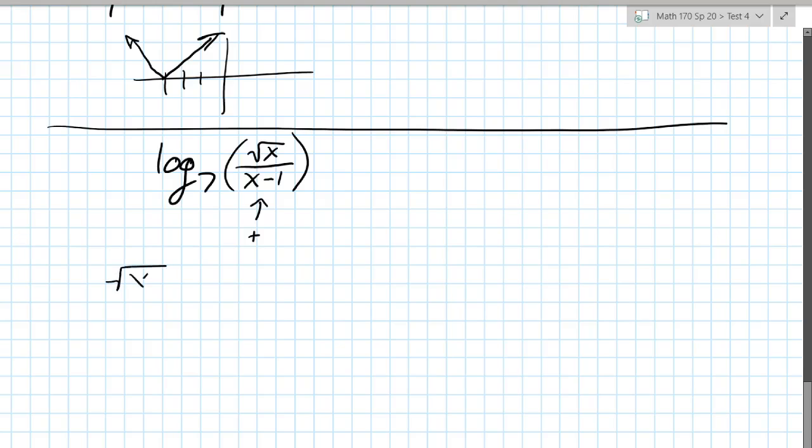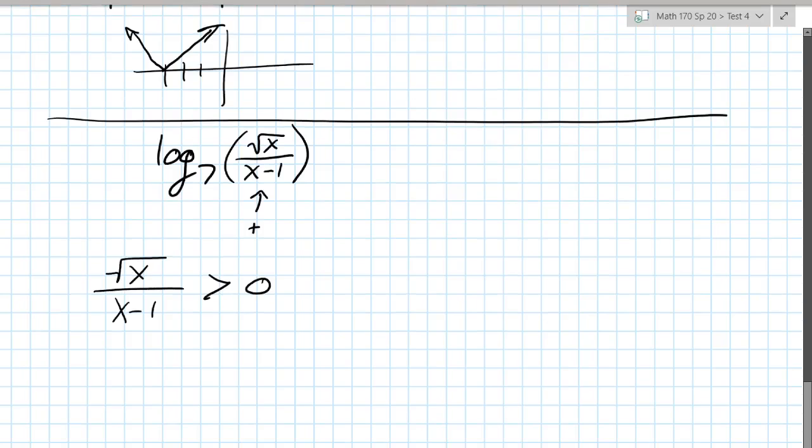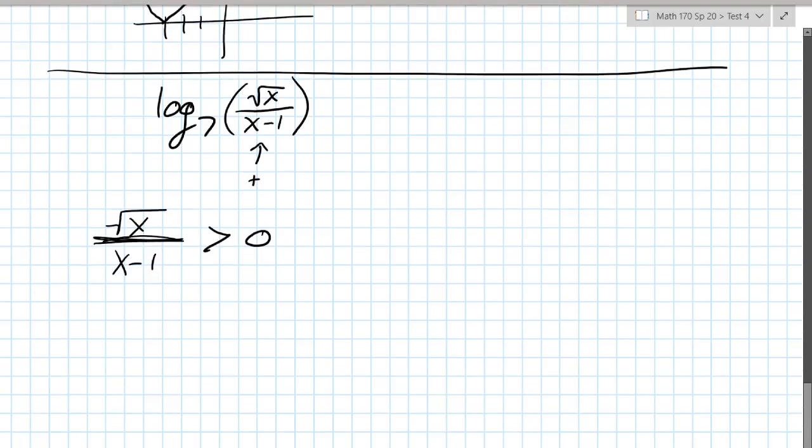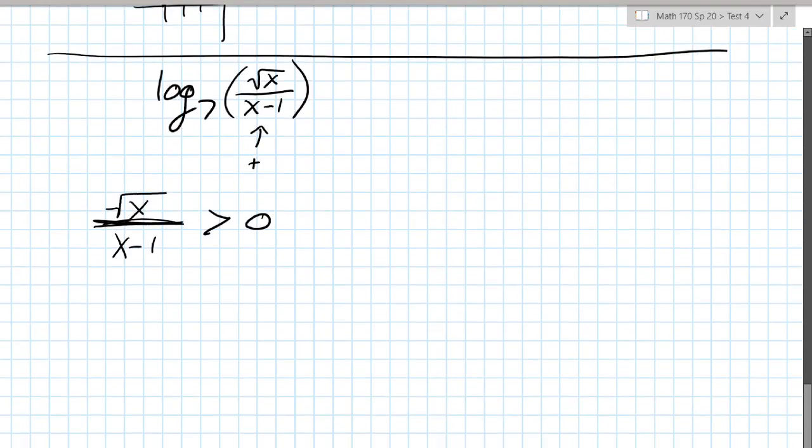We have the square root of x over x minus 1 needs to stay greater than 0. Well, there's two problems here. We've got a fraction, and we have a square root. So right away, we know, because of the square root, x needs to be greater than 0. Right?